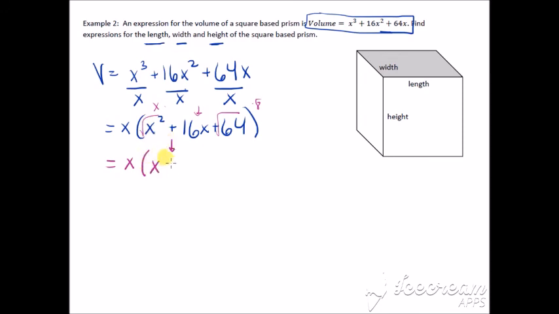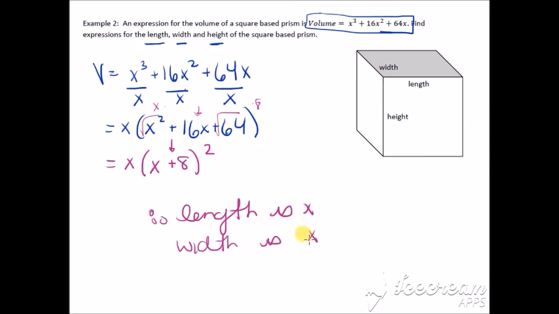We use this sign, and the root of the last term is 8, and then we square it. So therefore, the length is x, the width is x plus 8, and then the height is x plus 8 as well. Those are the three dimensions.